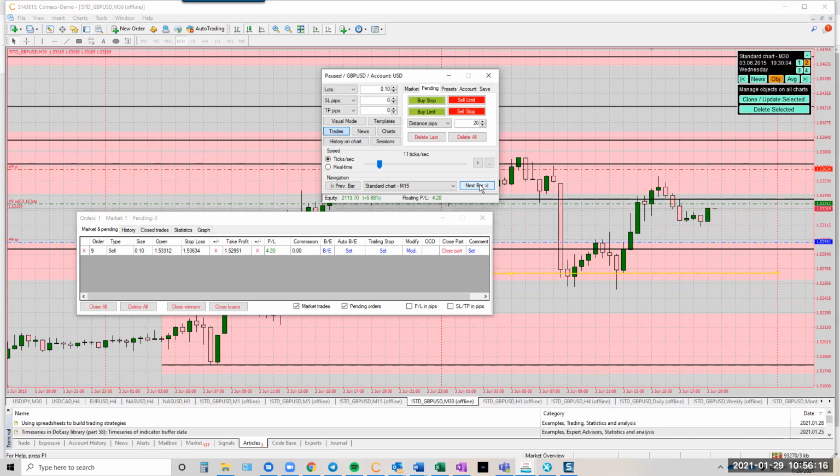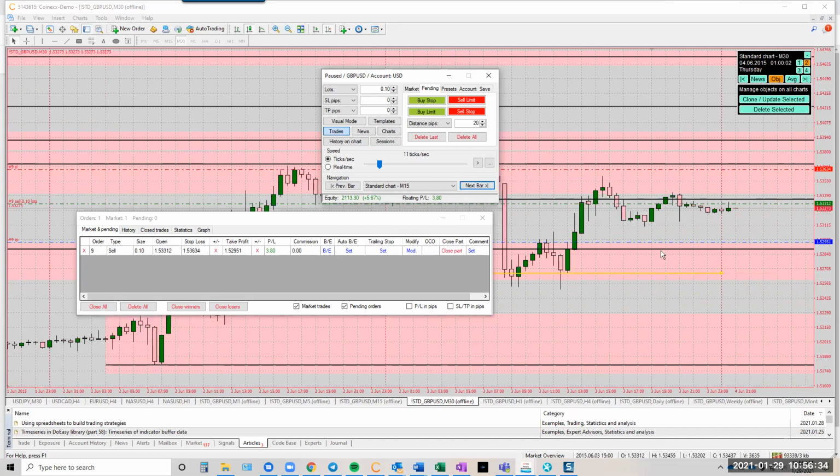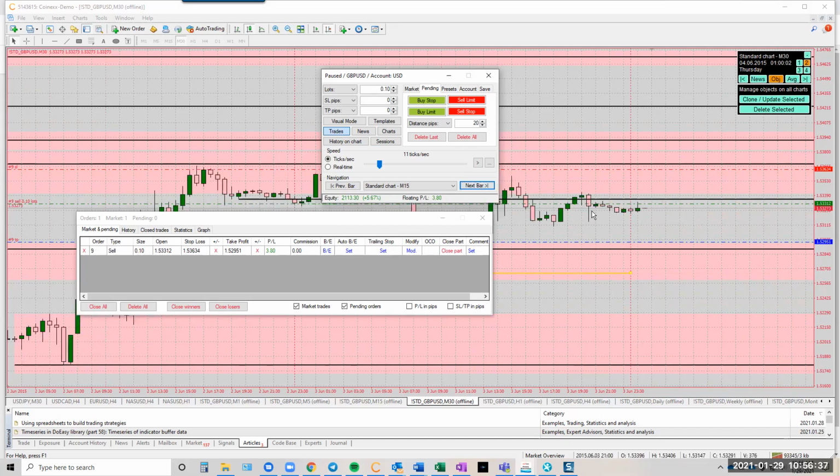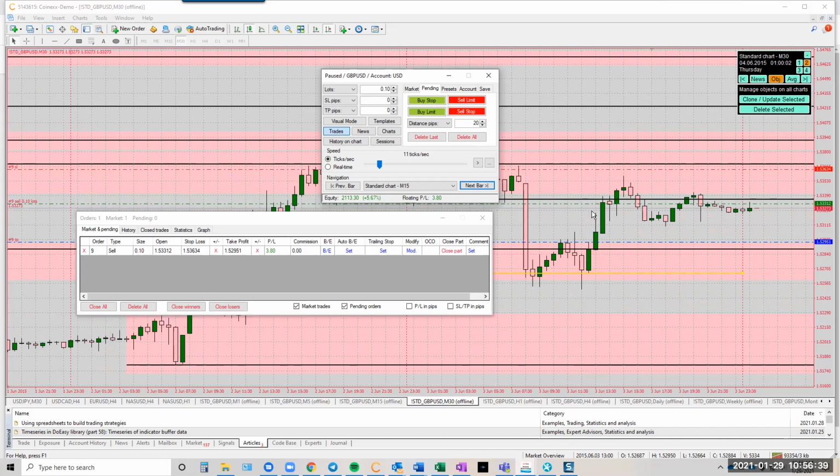If it bounces up, I missed the zone. If it bounces, it's going to reject. If it doesn't come down and get my TP, then either I missed the zone, or my direction was correct, I believe.